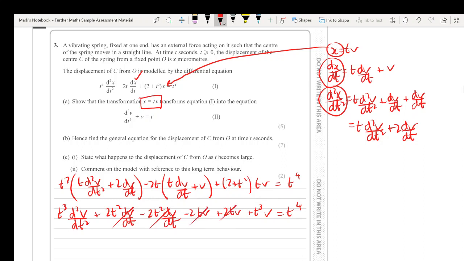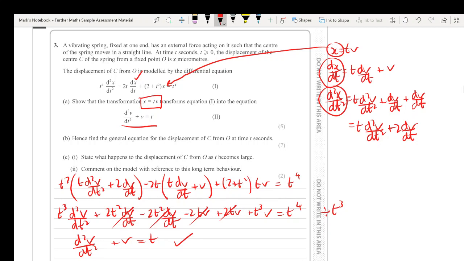Now if I divide everything by t cubed, we will get d2v/dt squared plus v equals t, as required.